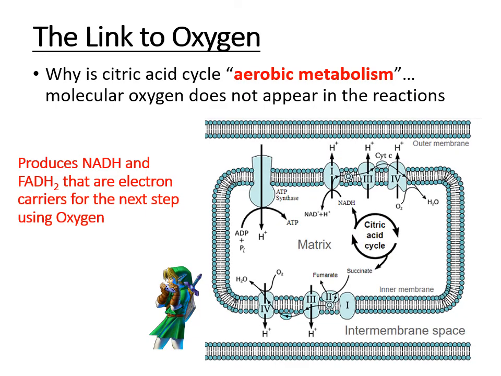The last thing that I want to mention for today's lecture is the link to oxygen, because sometimes students get a little confused by how, especially in the earlier introductory undergrad courses, we emphasize the 4 steps of cellular respiration: glycolysis is outside the mitochondria in the cytosol, it's anaerobic, whereas the other 3 steps of cellular respiration, the prep reaction, the citric acid cycle, electron transport, they all are aerobic and within the mitochondria.